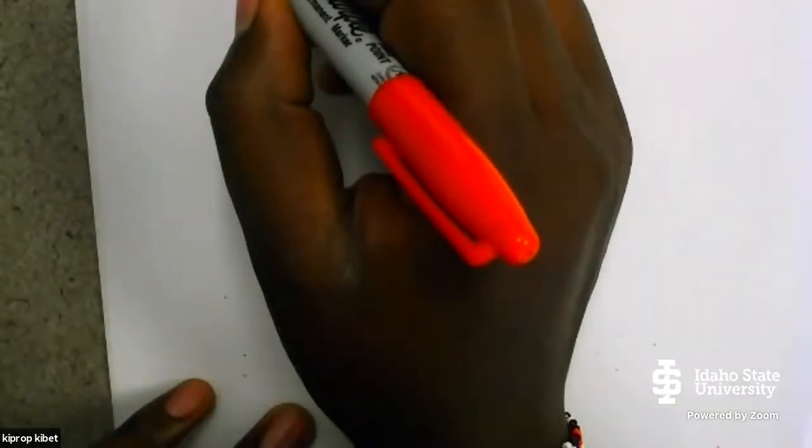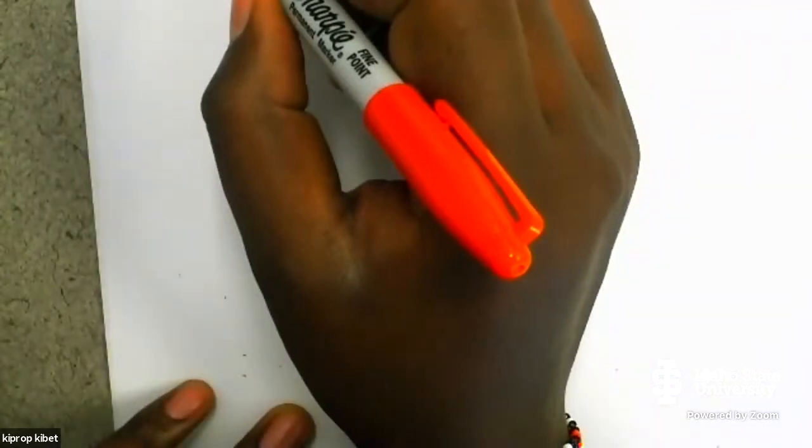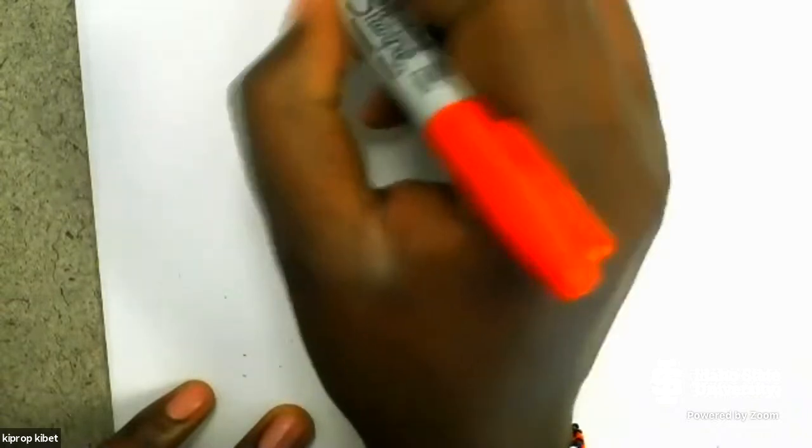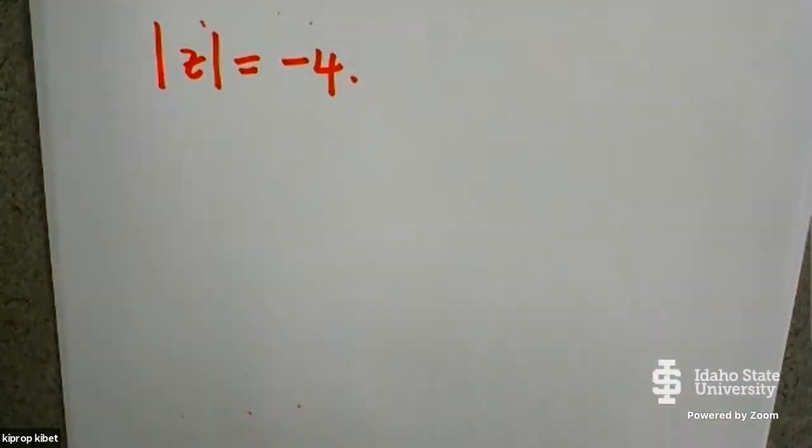Now, what is the absolute value of z equals -4? Do we have a solution there?